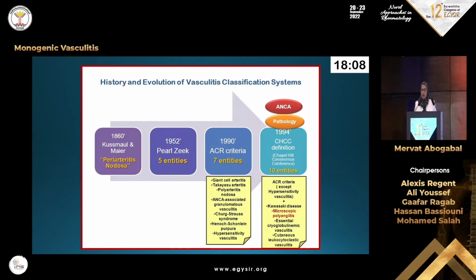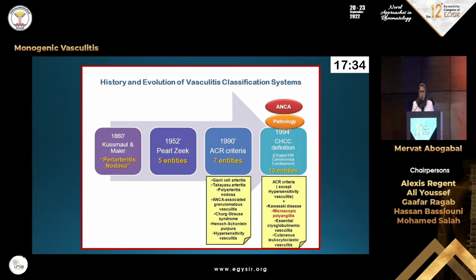It included 5 entities of vasculitis: giant cell arteritis, polyarteritis nodosa, Churg-Strauss syndrome, Henoch-Schönlein purpura, and hypersensitivity vasculitis. In 1990, ACR released the classification criteria for 7 entities of vasculitis. These 7 entities included the previous 5 entities, plus Takayasu arteritis and Wegener granulomatosis.